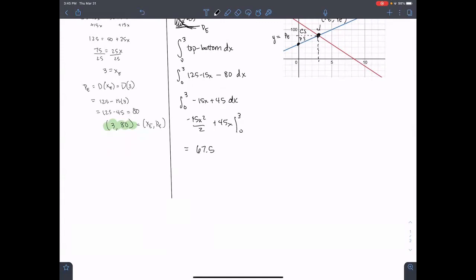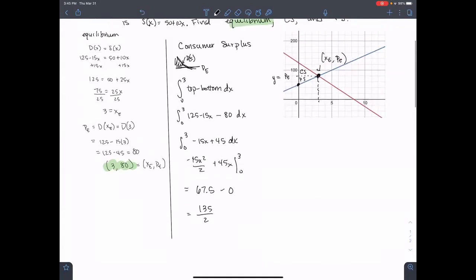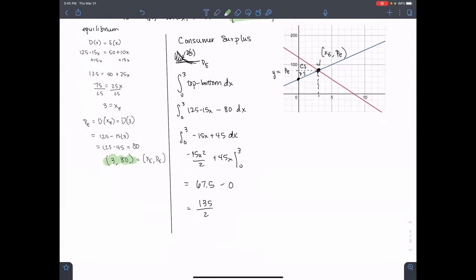And then subtract off 0. So that is 67.5, or the fraction 135 over 2. That is the consumer surplus. So let's highlight this in pink. Consumer surplus is this area, top minus bottom, that's it.